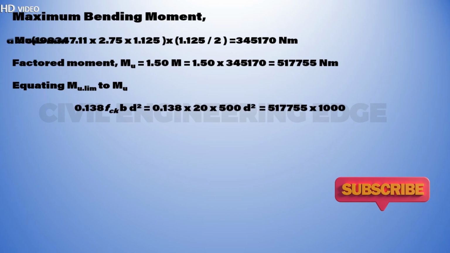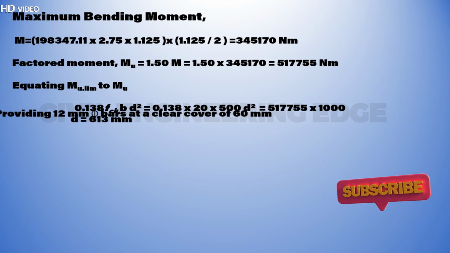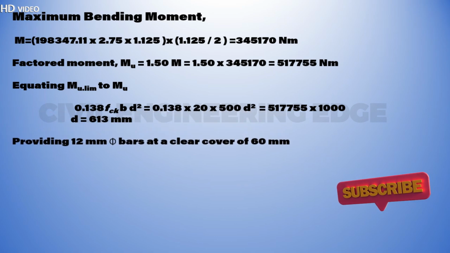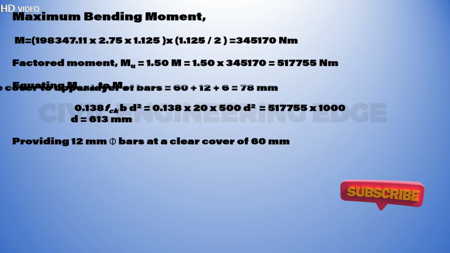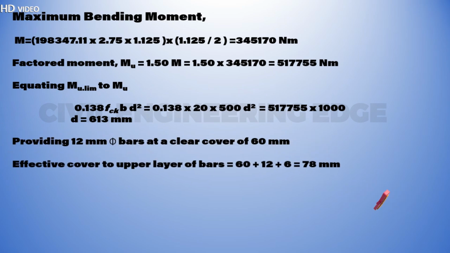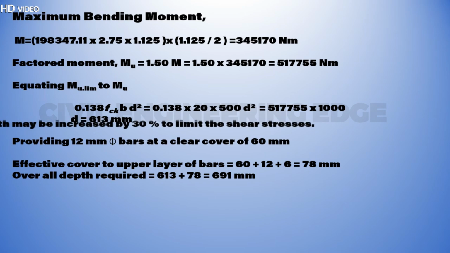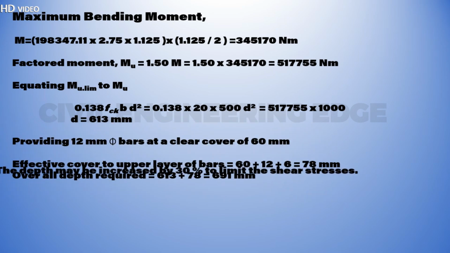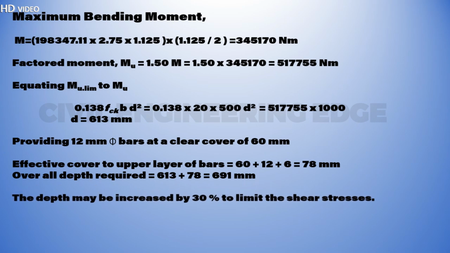Equating punching shear resistance to the punching load: 4 × 500 × d × 1.80 = 2,175,619.50, so d = 604 millimeter. Hence provide an overall depth of 900 millimeter as determined earlier. Mu / bd² = 517,755 × 1,000 / (500 × 822²) = 1.533.